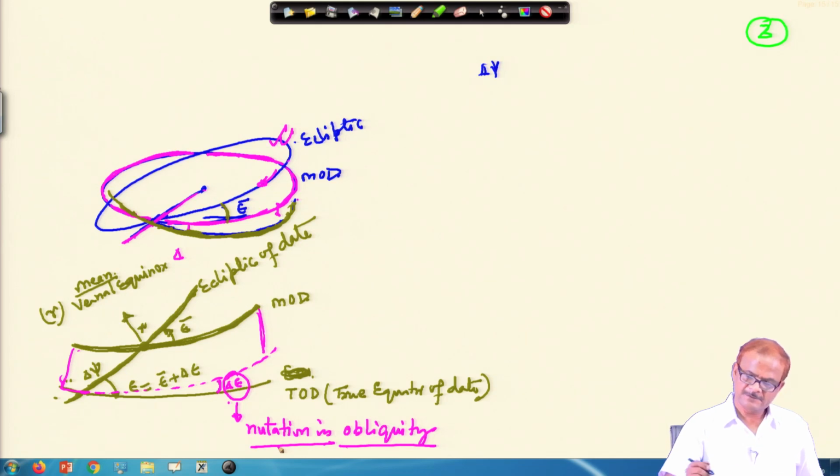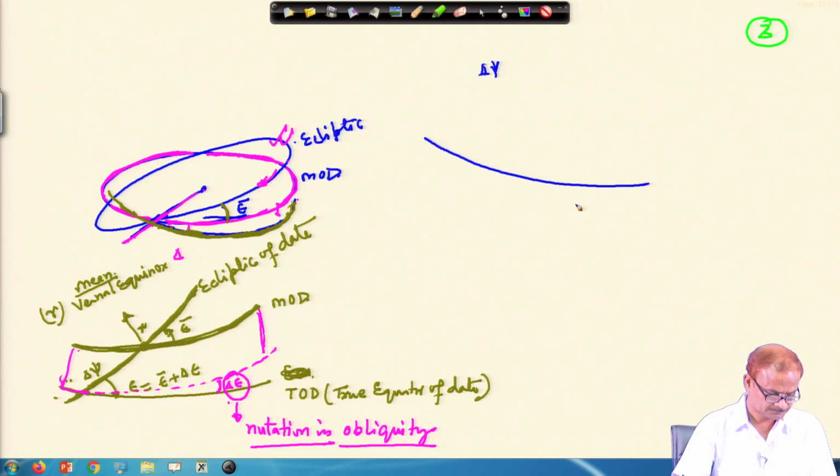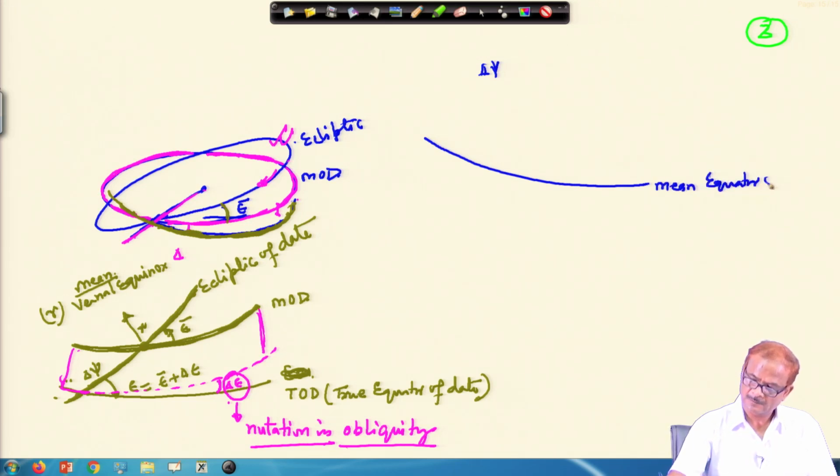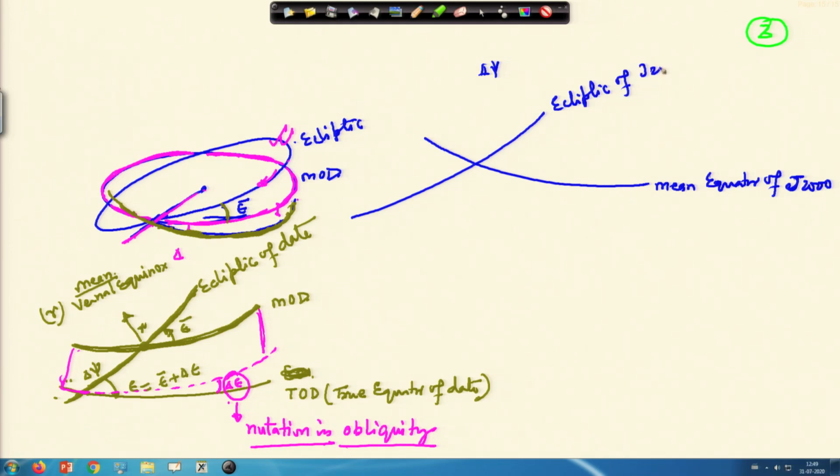On this figure we can also show the precession. Say this is the mean equator of J2000, and this is the ecliptic of J2000.